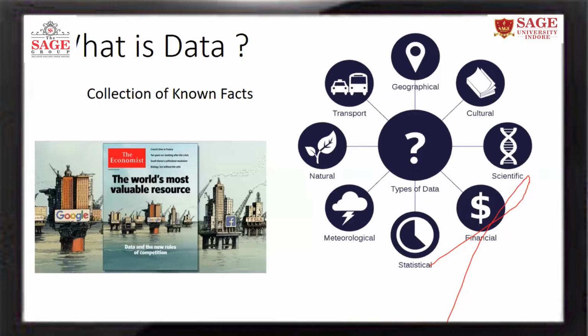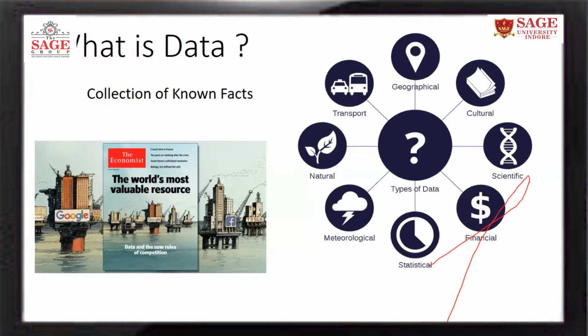So these are all the terms related to the statistical forms of the data. Then data can be meteorological, which is from the weather reports, the weather forecasts, storm reports. Then there can be natural data, which is related to your plants, human beings, agricultural data.